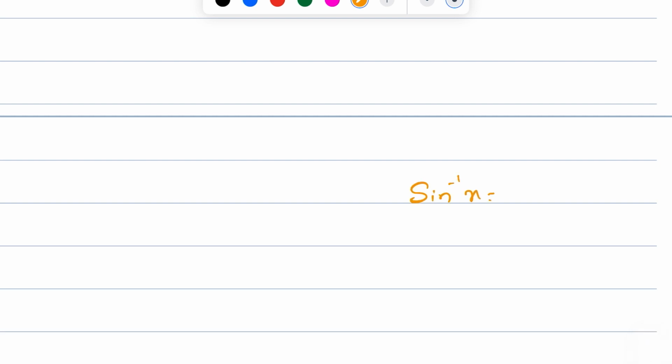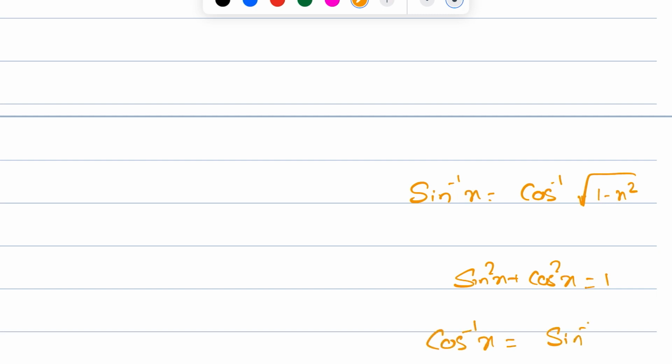Sine inverse x equals cos inverse of square root of 1 minus x square, because we know that sine square x plus cos square x equals 1. Based on that concept, sine inverse x can be written as cos inverse of square root of 1 minus x square. Or else, if you want to convert cos inverse x into sine inverse, it is sine inverse of square root of 1 minus x square. These are the formulas that need to be remembered.